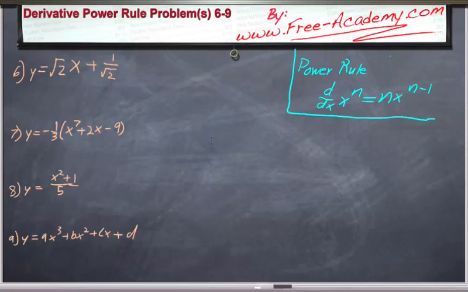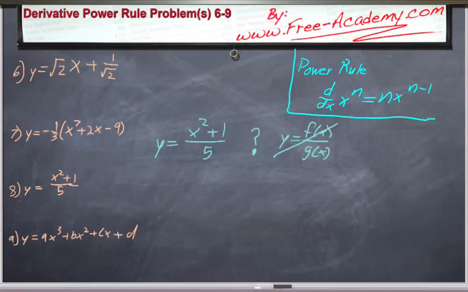Now let's move on and do problem 8. We have y equals x squared plus 1 over 5. How do we do the derivative of fractions? Well, there is a way when you have to find the derivative of f of x over g of x. That certainly will work in this situation, but we haven't learned it yet.